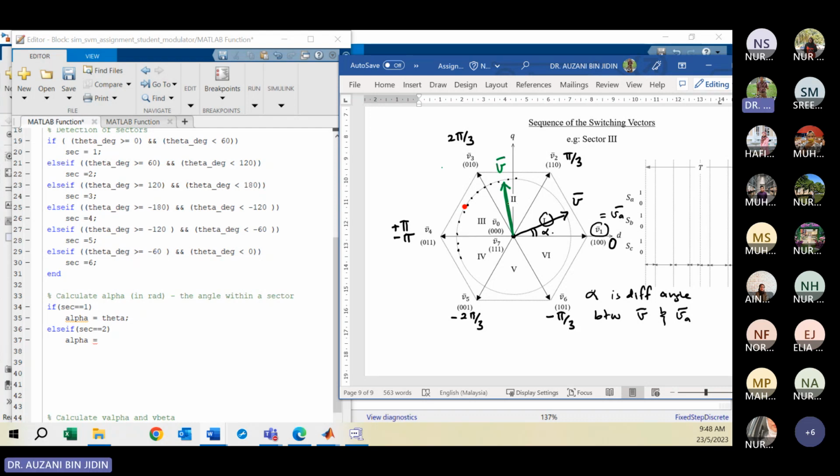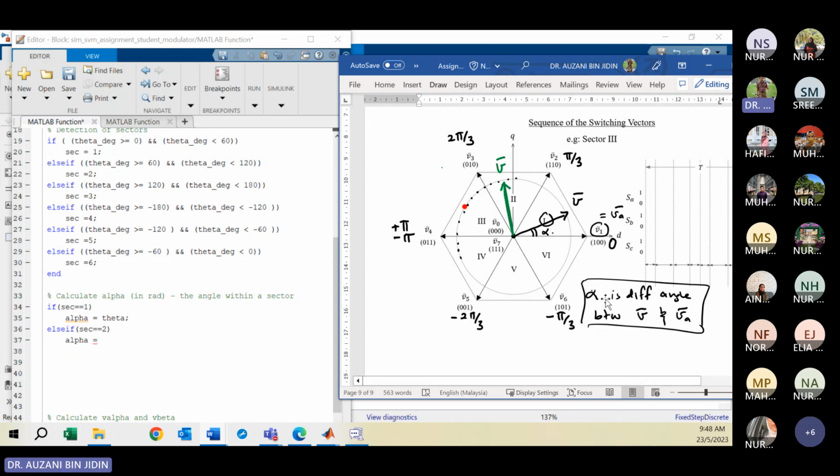Now, in this discussion we consider V located in sector number 2. Someone give the answer: what is the alpha? You need to apply this definition: alpha is the difference angle between the reference vector and VA. For sector number 2, VA is V3 or V2?